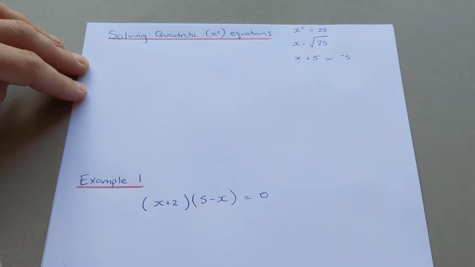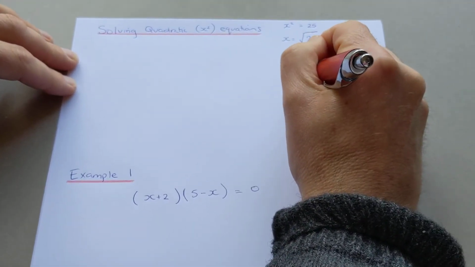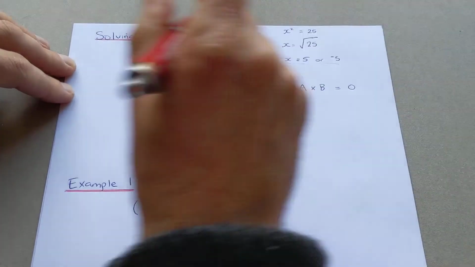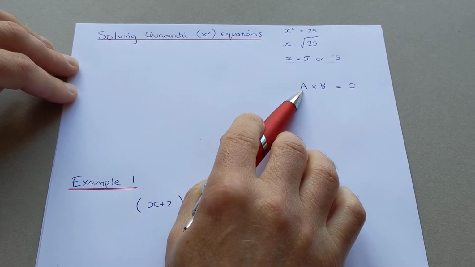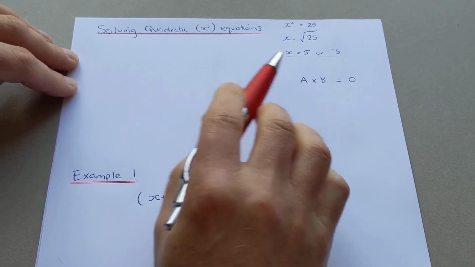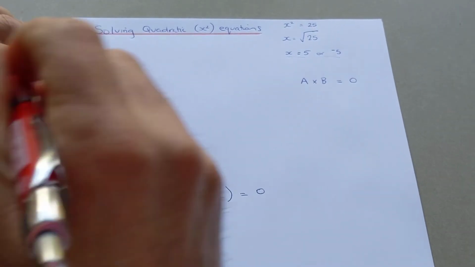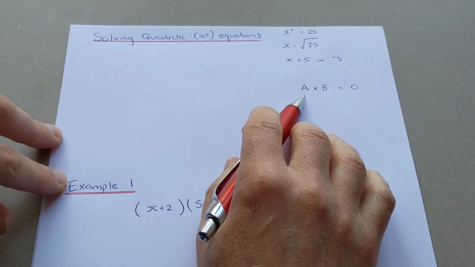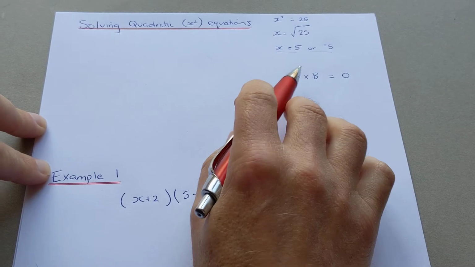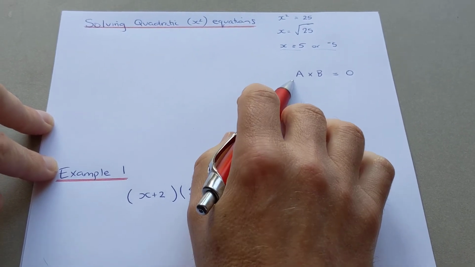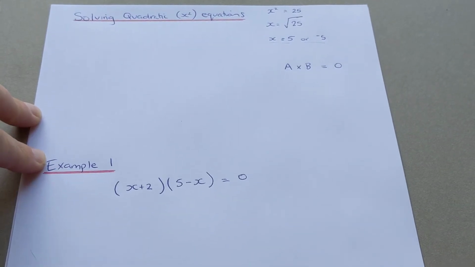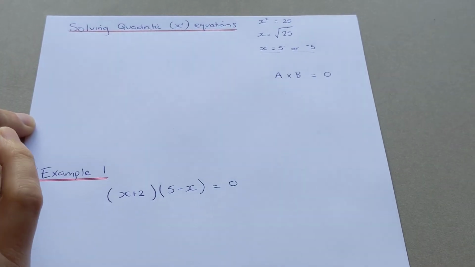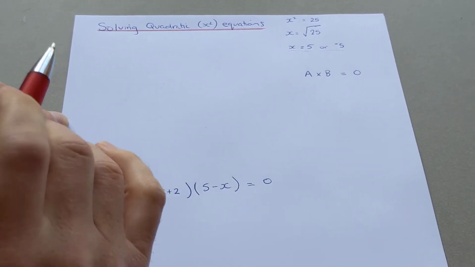The second thing to get our heads around is the fact that if we multiply two numbers together and we want the answer to be 0, what can you tell me about letter A or letter B? And here we get to what we call the null factor law. Null because it equals 0, factors because they are multiplied together, and the law basically states that if there are two factors multiplied together, one of those factors must be equal to 0.